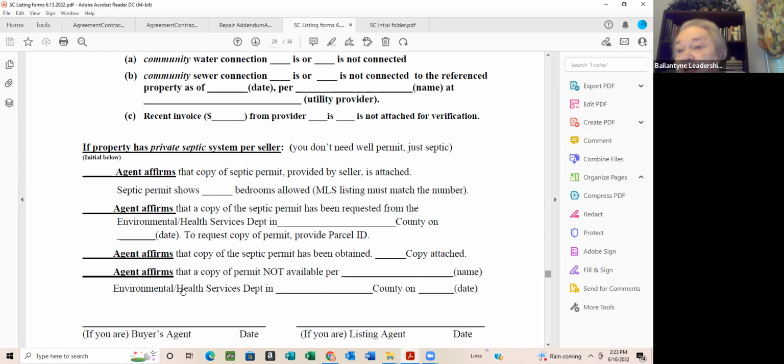They might ask for the parcel ID, and if the permit's older than about 6 years, a lot of times they can't find it. They pretty well purge those out and archive them, and they keep active for about 6 years. And you can get a copy of that from that county.